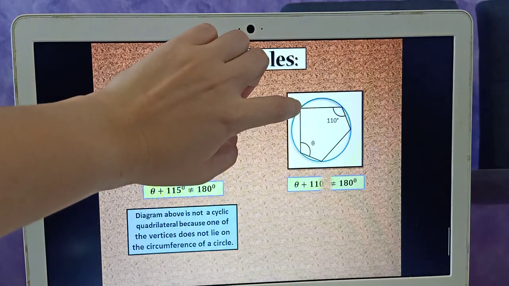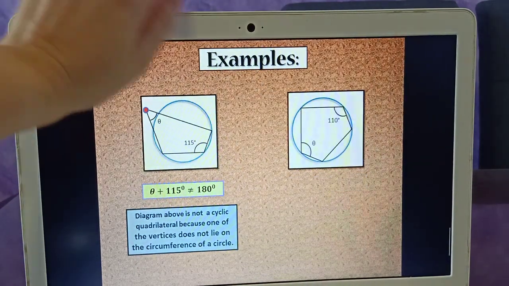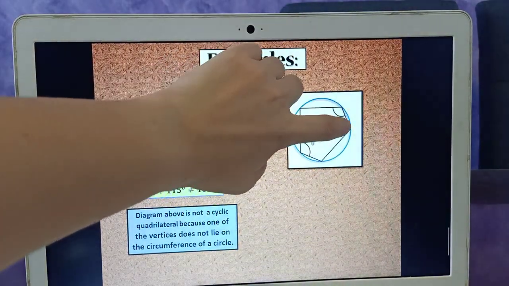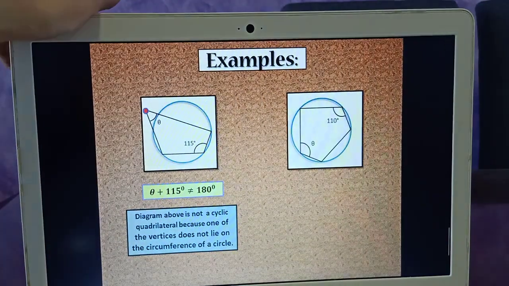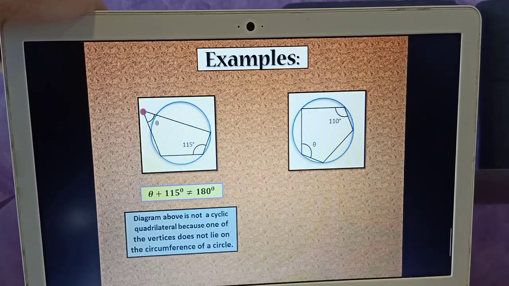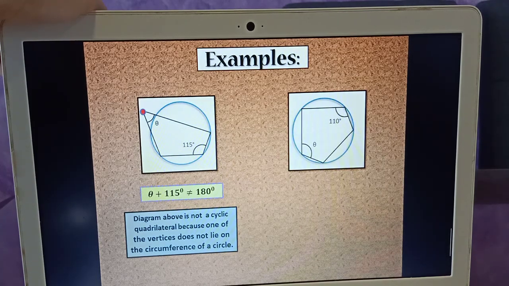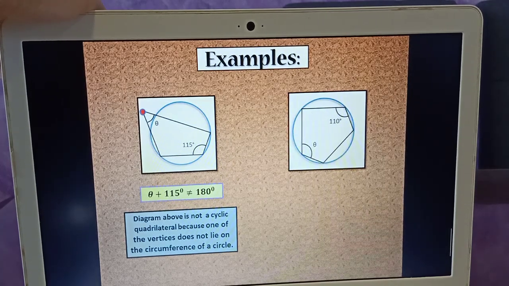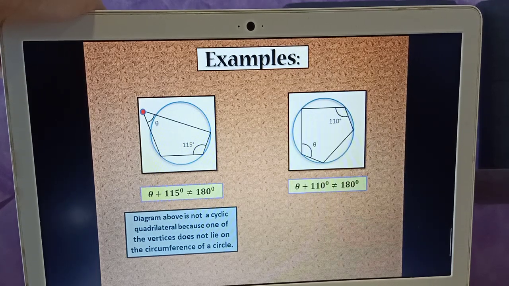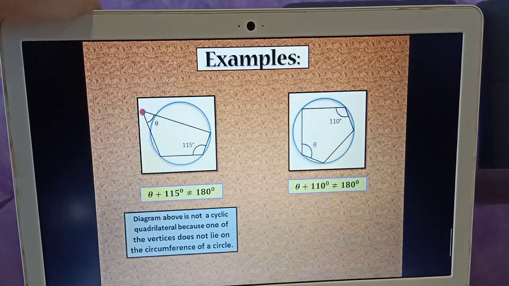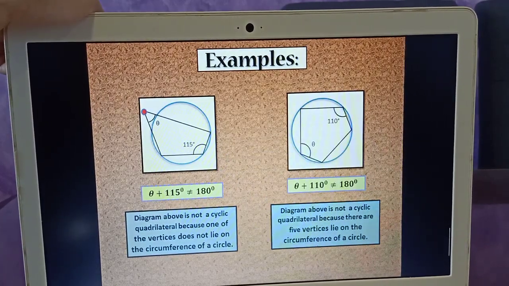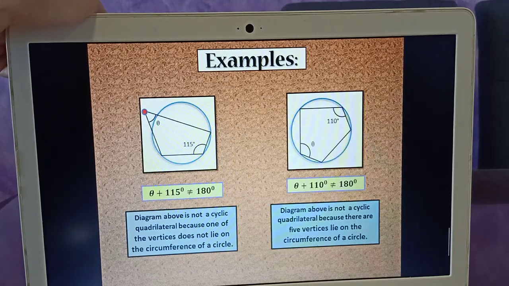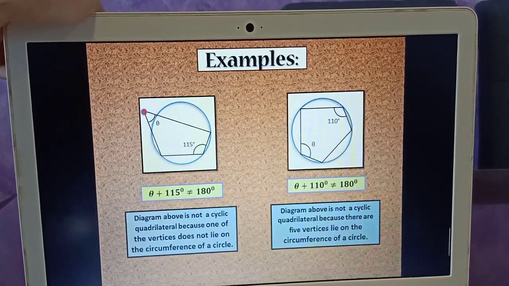Let's see. 1, 2, 3, 4. Another one extra here. So this is not a cyclic quadrilateral, because this is not a quadrilateral. There are 5 sides and 5 vertices here. So theta plus 110 is not equal to 180 degrees, because there are 5 vertices lying on the circumference of a circle.